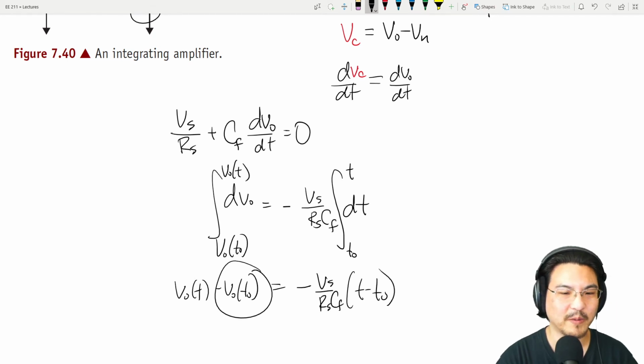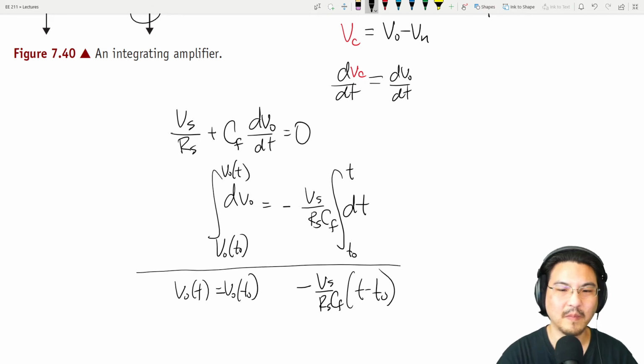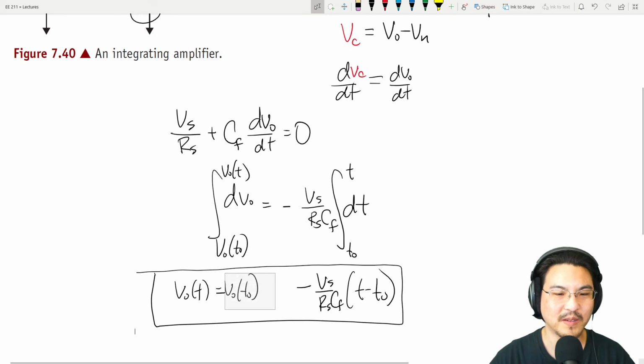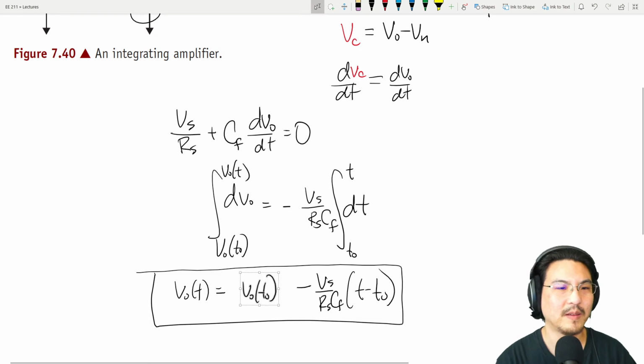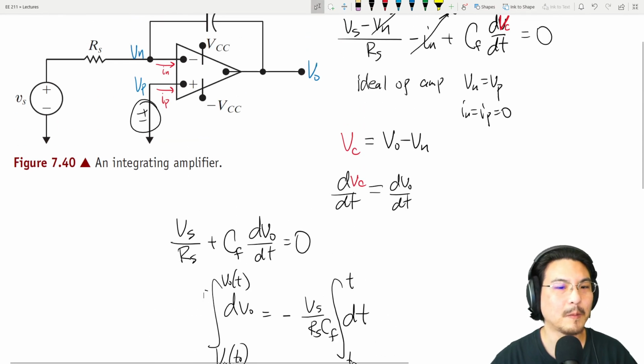And there you go. Right, now we can move this on that side of the equation. There you go. Okay, so that's the voltage, the output voltage.